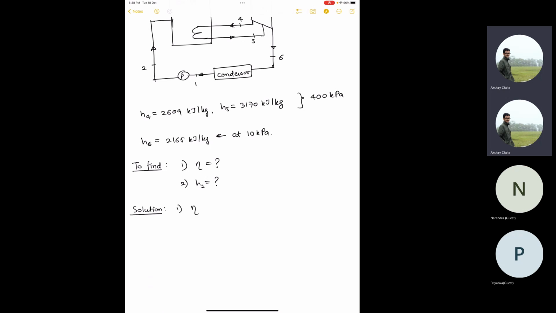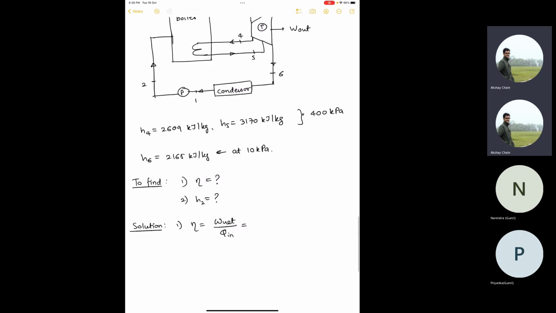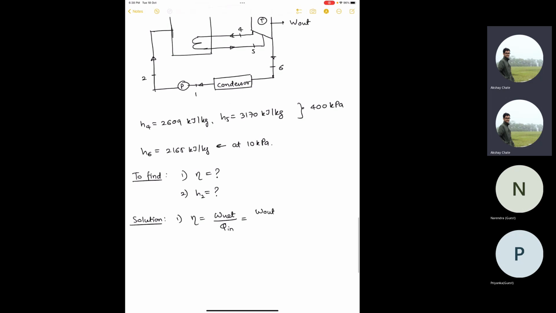What is efficiency? It is net work upon Q supplied, right? So Q in I can write. Now work net is work out minus work pump, and Q in. But now the question is, you don't know H2, so how will you get work of pump? There is no easier way to do this.